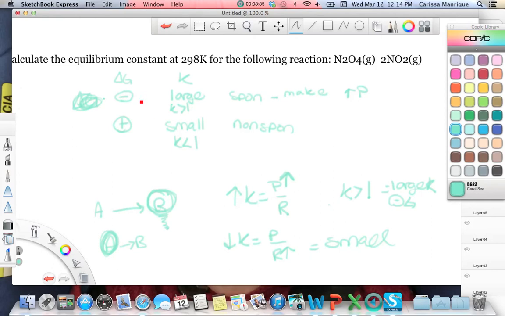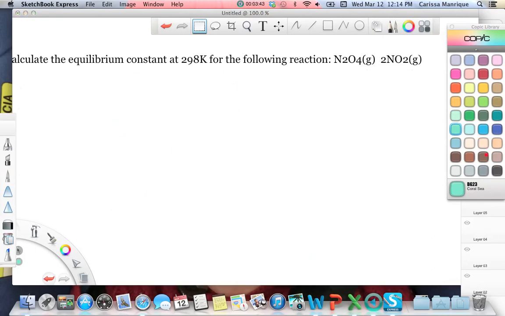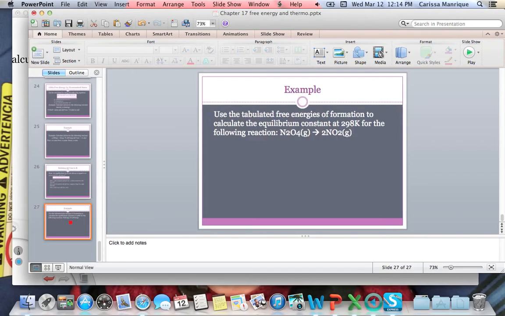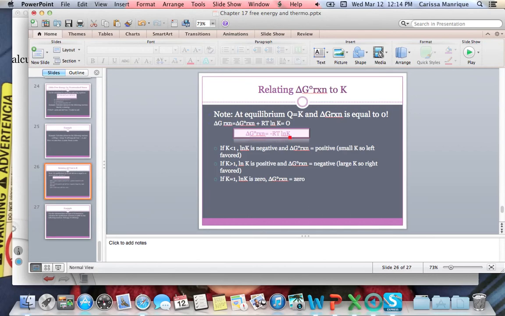So let's look at this problem right here. It says use the tabulated free energies of formation to calculate the equilibrium constant at 298 K for the following reaction. Oh, and I should probably give you the formula.